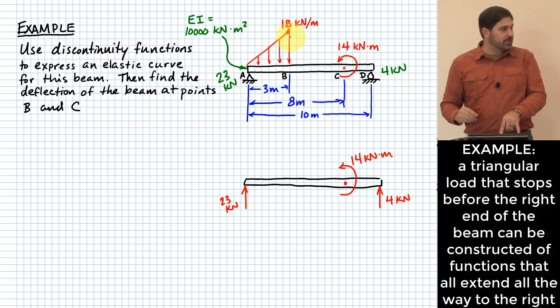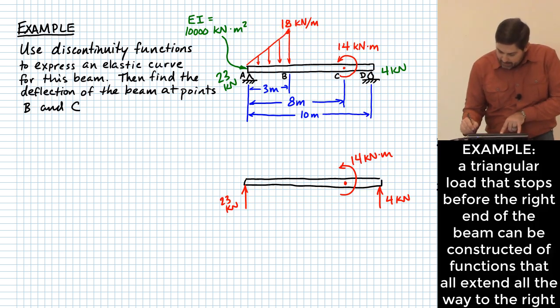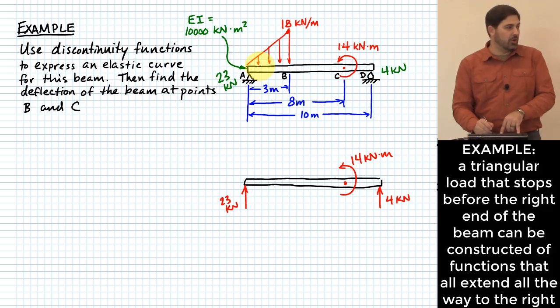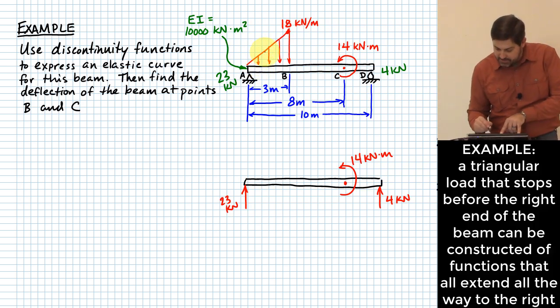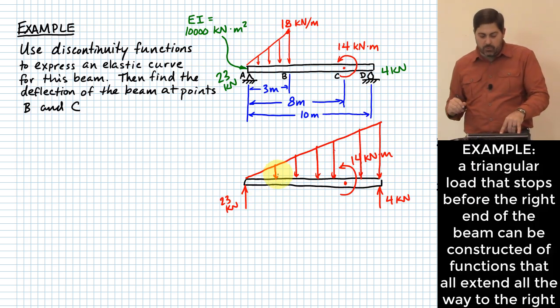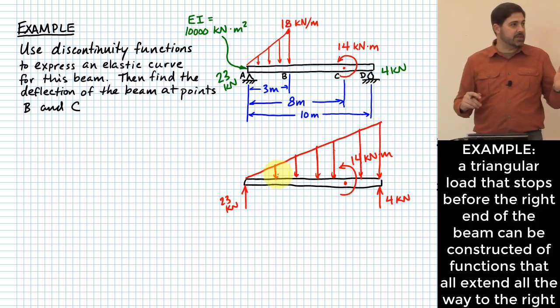And here's how I'm going to look at it, okay? I'm going to look at it as, what if I had a distributed load like the one that's given that did extend all the way to the right end of the beam, right? I'm saying that's what the table allows us to model. So let's go ahead and make it that way at first. So say here is our overall triangular distributed load, if we were to model it like something in the table.